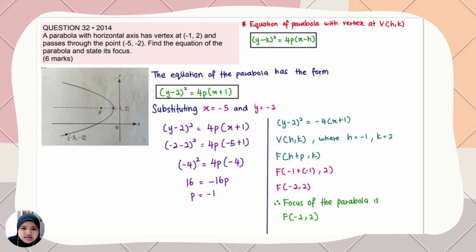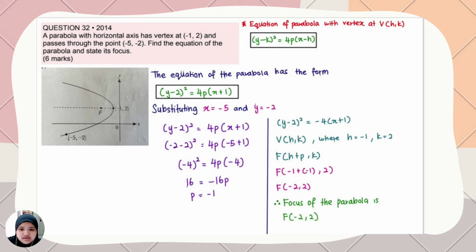The vertex is placed at the middle of the parabola, where the x-coordinate is -1 and the y-coordinate is 2. Then it passes through the point (-5, -2), where -5 is the x-coordinate and -2 is the y-coordinate.